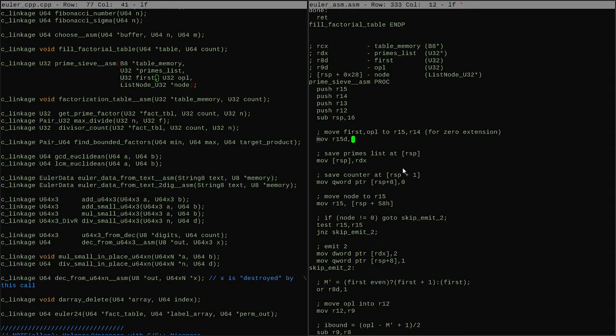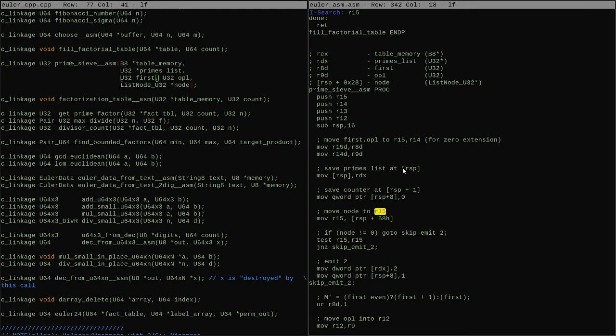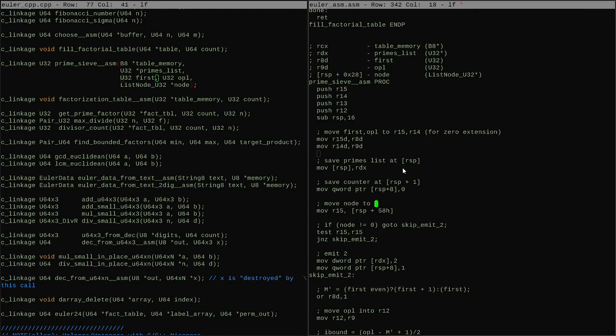Mov R15D from R8D, R14D from R9D. And now, anywhere where I was using R15, I'm going to use R8.